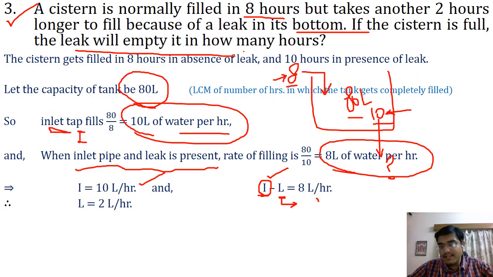So I minus L is 8 liters per hour, right? We found the effective rate when the leak is present as 8 liters per hour. So solving these two equations, when I put the value of I as 10, we get L as 2. So basically it is leaking at the rate of 2 liters per hour.